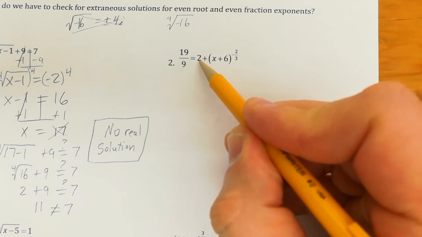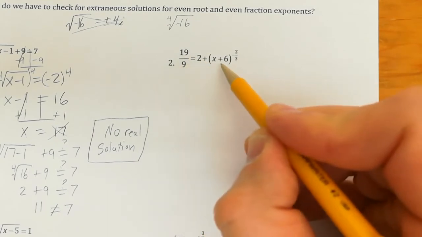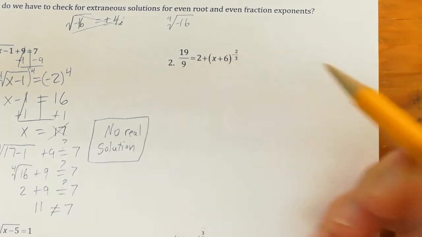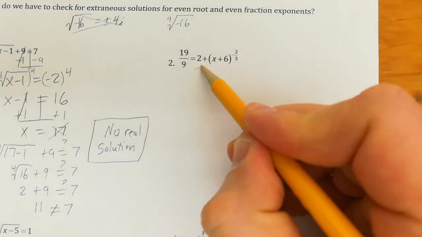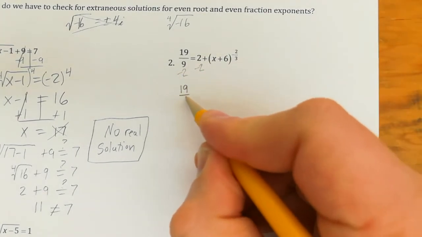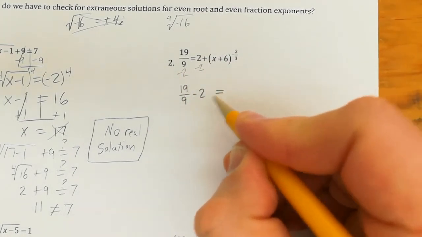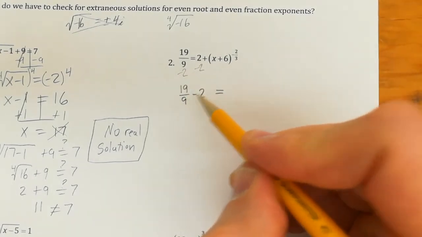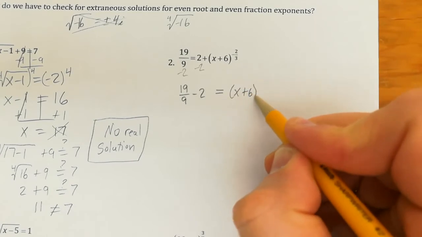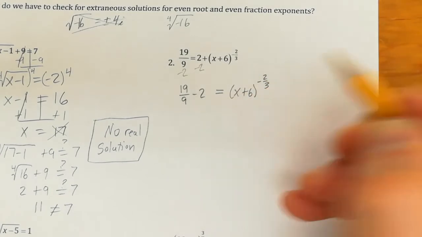So what I'm going to do here, I need to isolate what's being raised to the rational exponent. I want to isolate that, so I'm going to take away 2 on both sides. Unfortunately, that means I'm going to have to subtract a whole number from a fraction. Not too bad, but we have this negative 2/3 there.